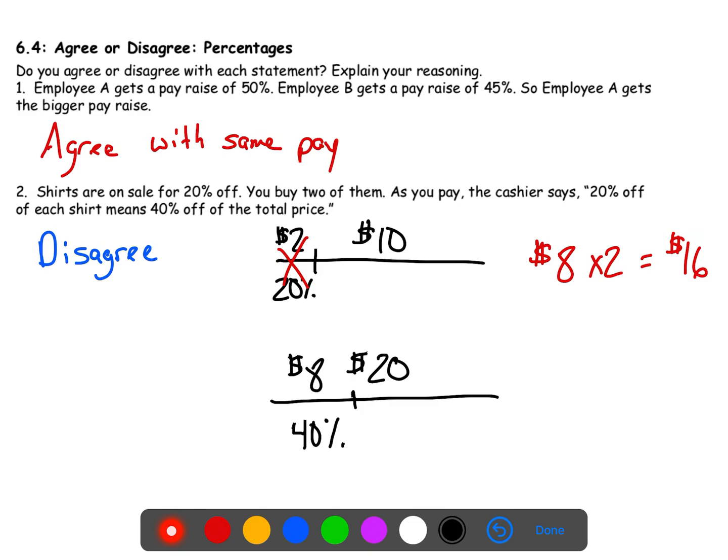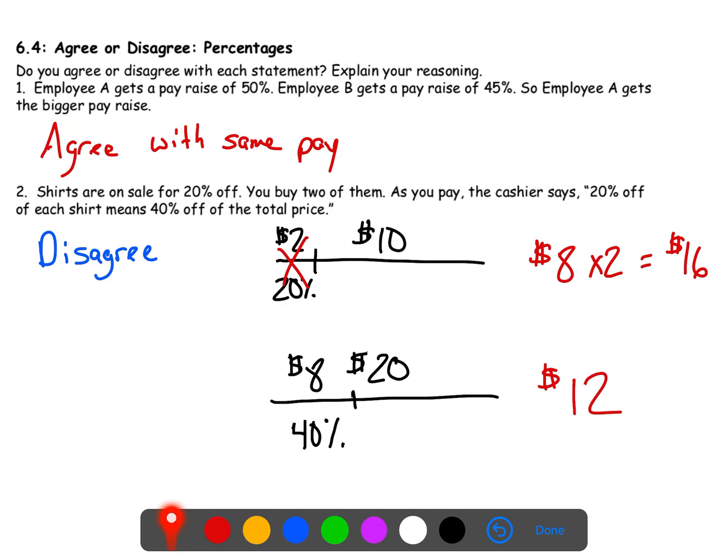So you would only pay $12 for 2 shirts. You can't combine percentages. What the cashier should have done is rung up both shirts and still taken 20% off, because that 20% off is going to adjust to whatever the total amount is. So this cannot be true. We have to disagree with that.